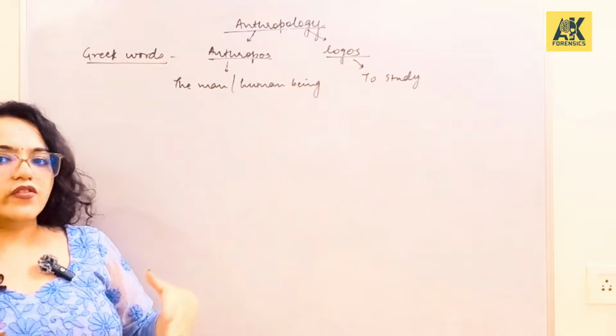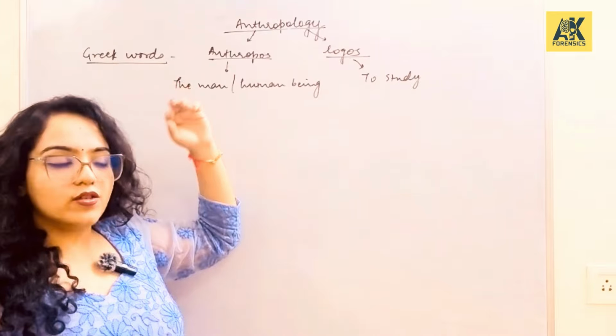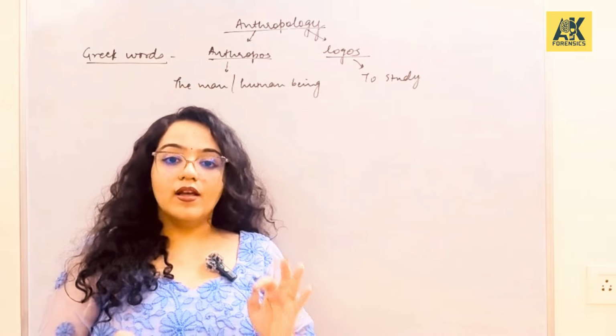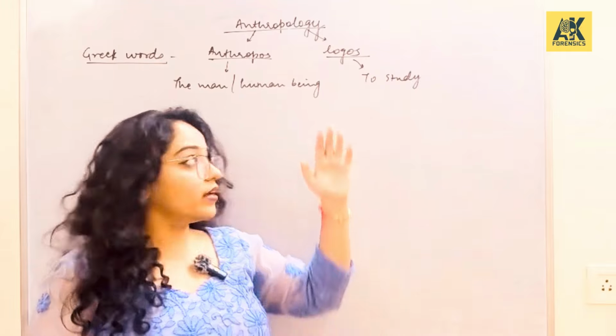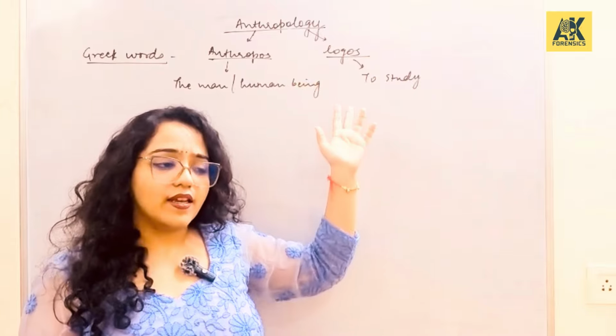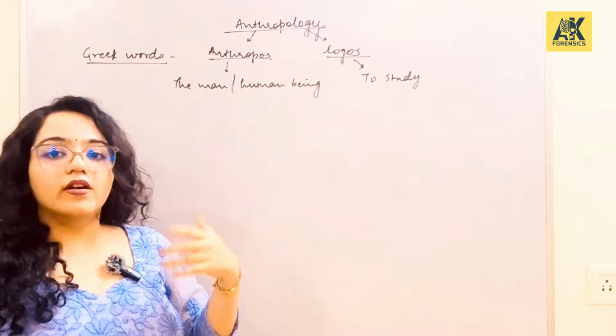So why do I keep emphasizing that these are two Greek words? How does it matter? Well, in the UGC NET exam, or if you are giving any competitive exams, these questions are very common to encounter, asking which language these words are derived from.